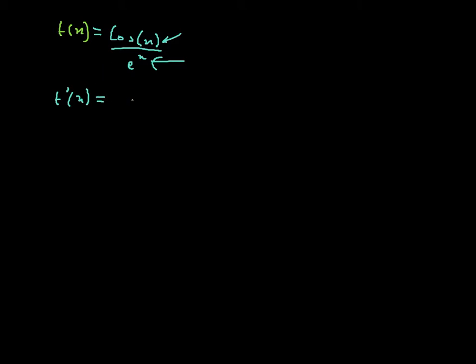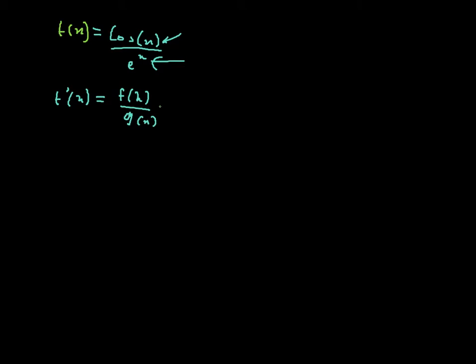According to the quotient rule, if we have two differentiable functions which are divided by each other, one function divided by the other function, so we have f of x divided by g of x. This is the division sign and not the differentiation sign.